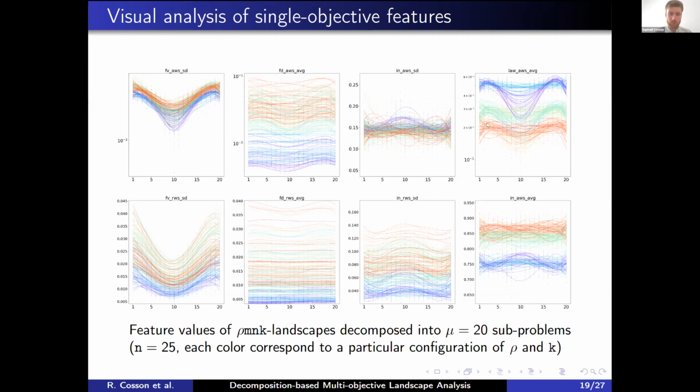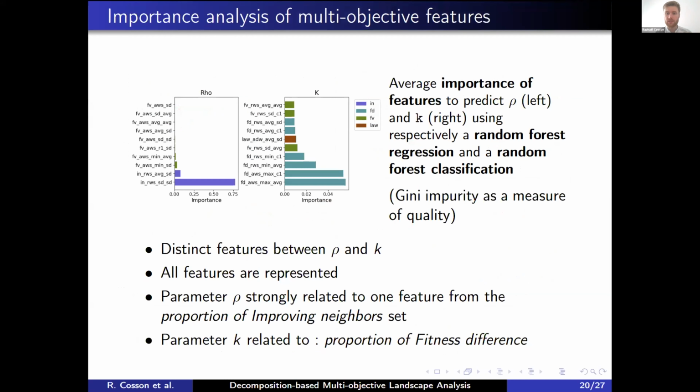So to improve this analysis of the features, now we're interested in when we aggregate the features into multi-objective features. We studied the relationship by making 2 models, a random forest regression and a random forest classification, to learn parameter ρ and parameter k respectively.